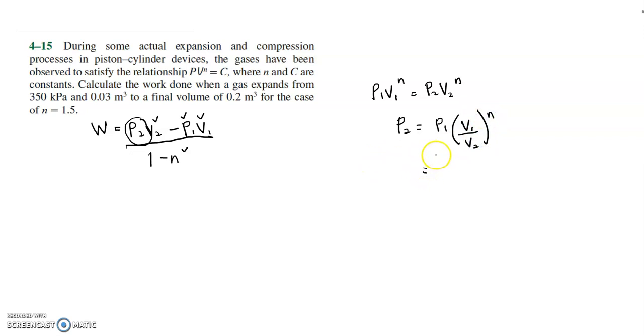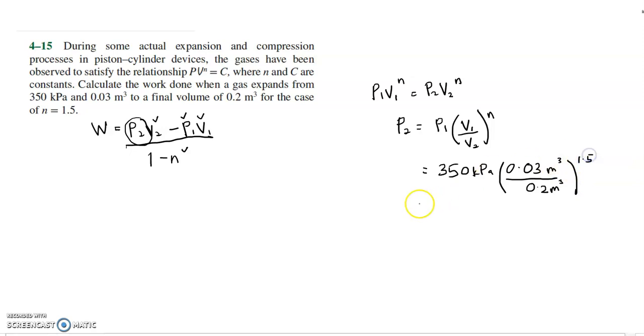So equals to, the P1 is 350 kPa multiply by V1, where V1 is 0.03 meter cube over 0.2 meter cube, power of n, your n is 1.5.